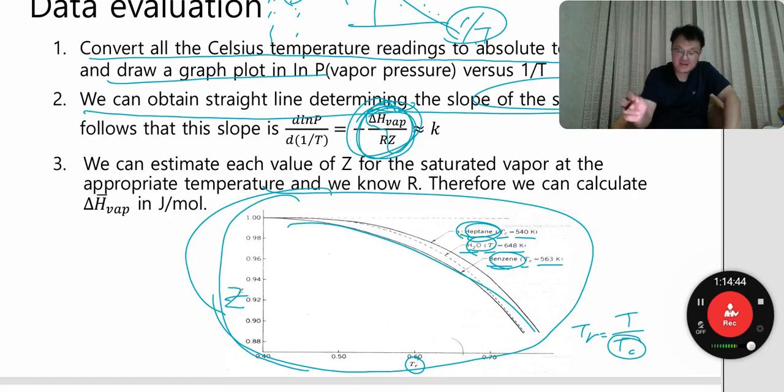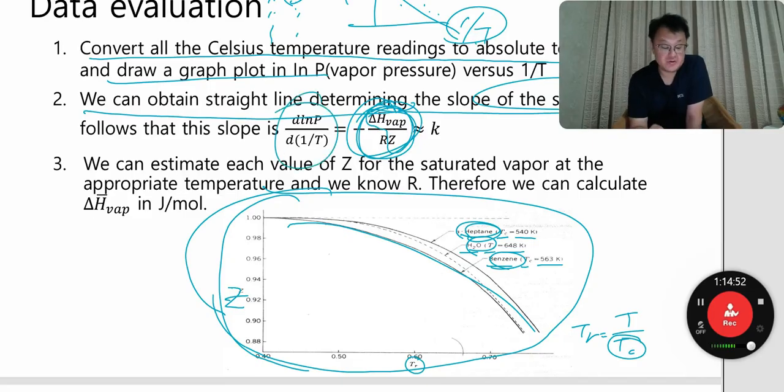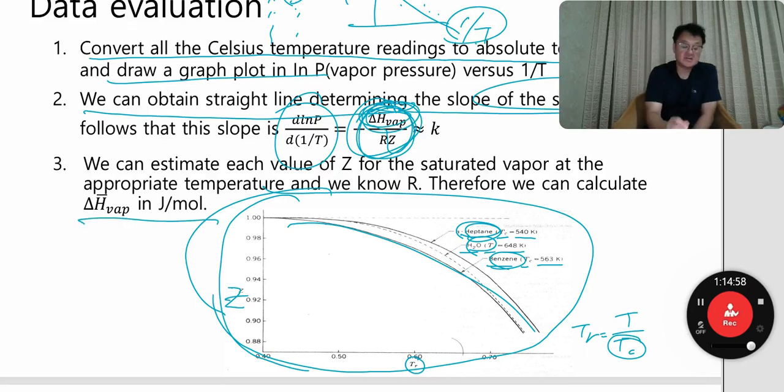Based on that, with your experimental data and the evaluated slope of your plot, you can ultimately determine delta H vap, right? And then you can compare your delta H vap with the literature value for all three liquids.